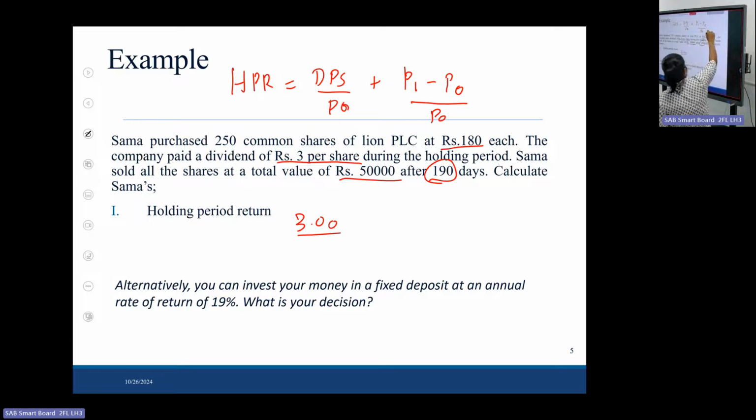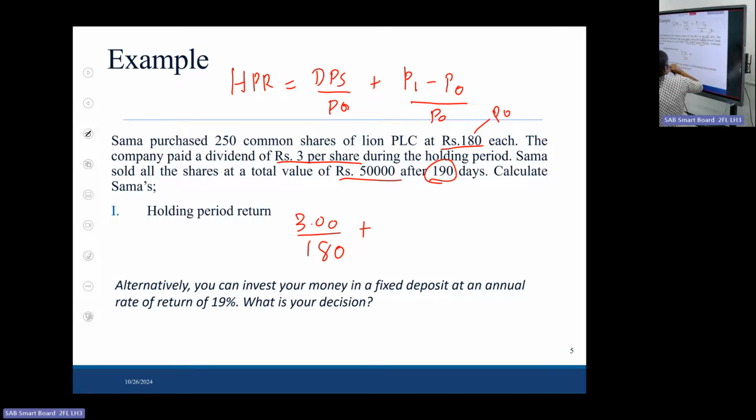So this is P0, the cost of the investment, 180. This is the dividend yield. Separately, if you want to identify this, this is the dividend yield. We divide by the cost of the investment, P0.